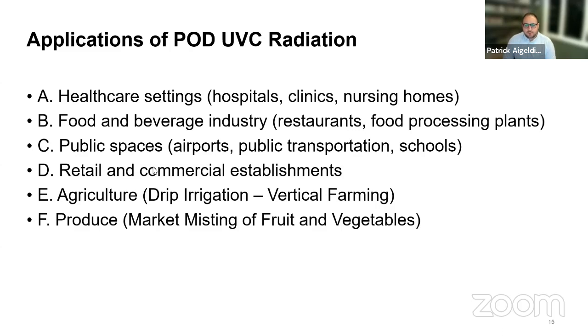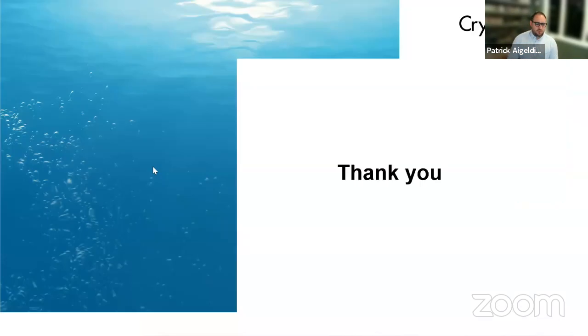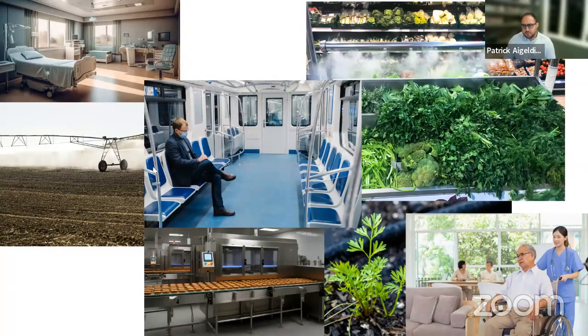And then the last opportunity that we really see as an immediate application is in produce. As you can imagine, in your local grocery store, there are plenty of misting locations, both for on-shelf food and also for climate control. If the water system lacks protection, there's the ability to mist Legionella, which could lead to Legionnaires' disease.